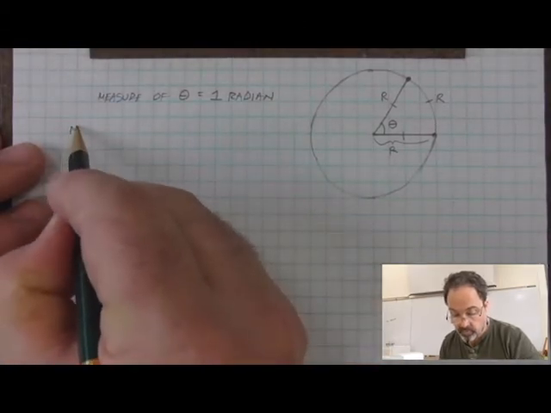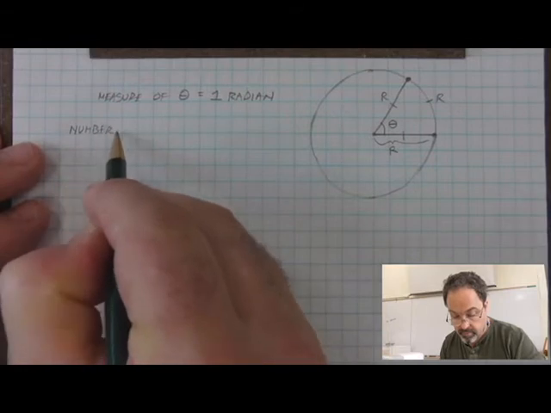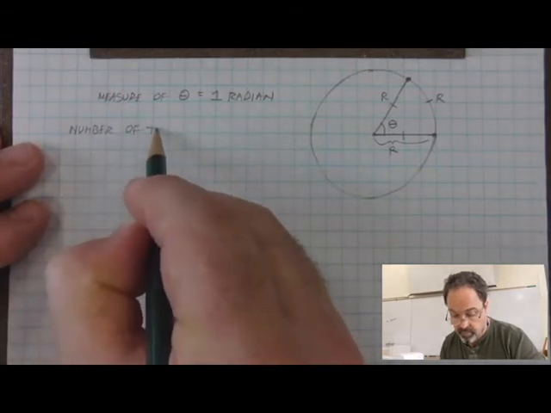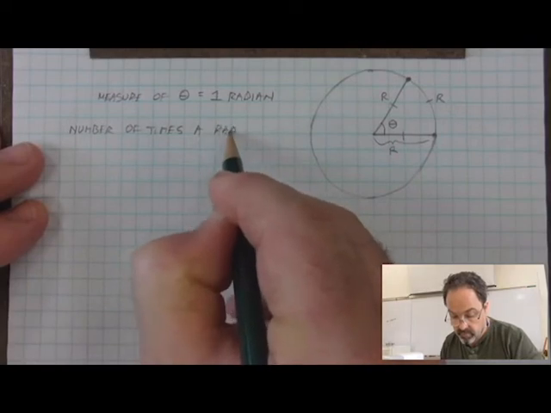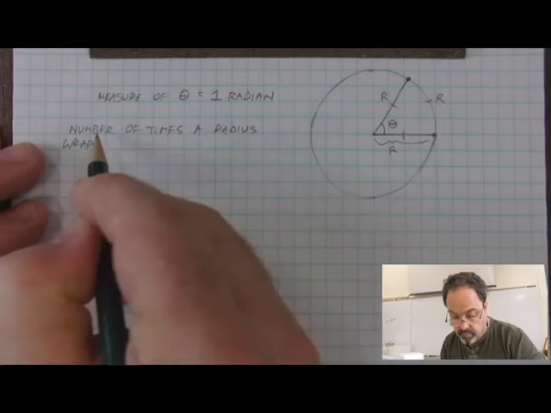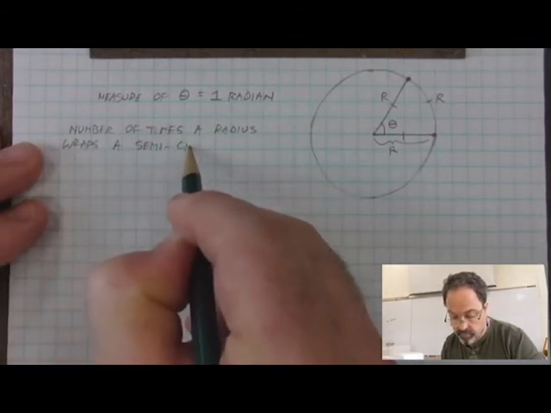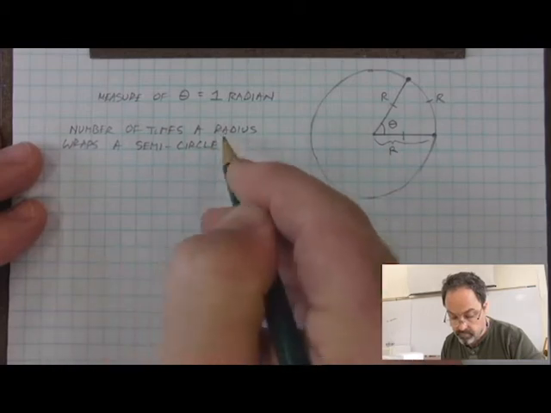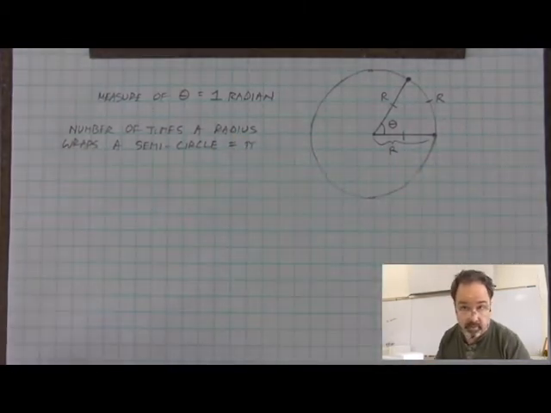We know from geometry that the number of times a radius wraps a semicircle is equal to this special number pi.